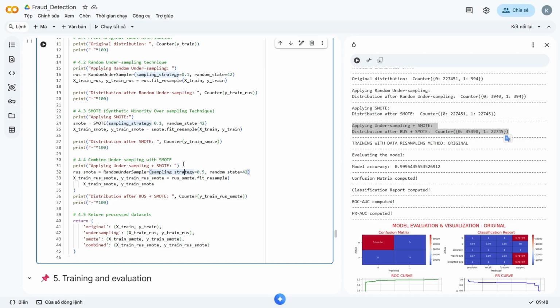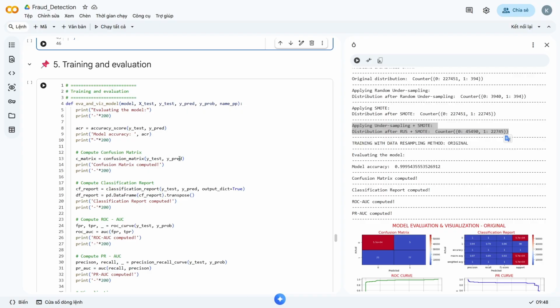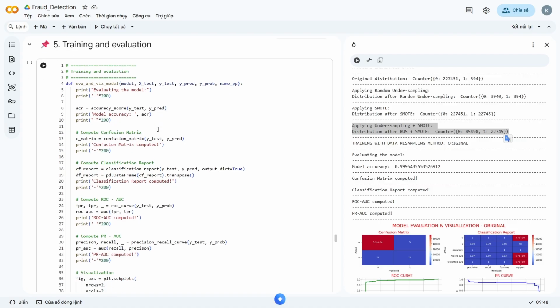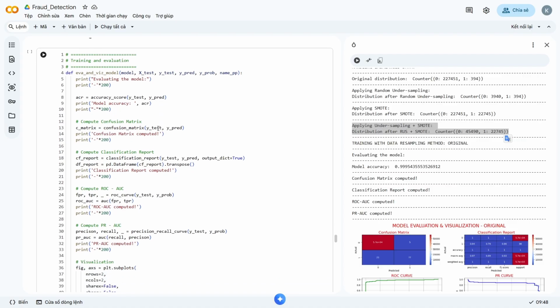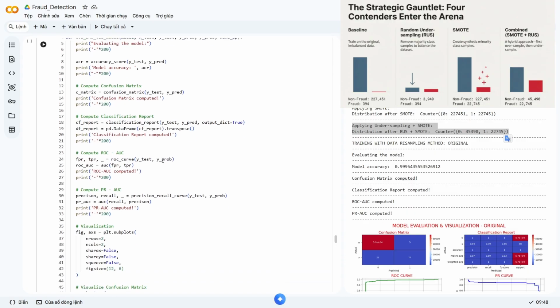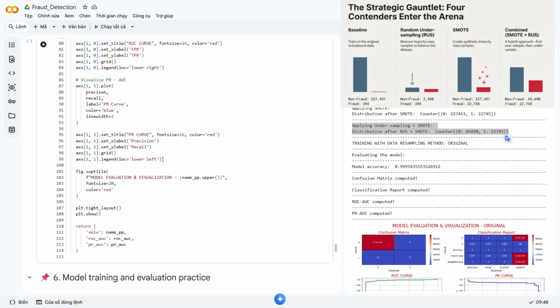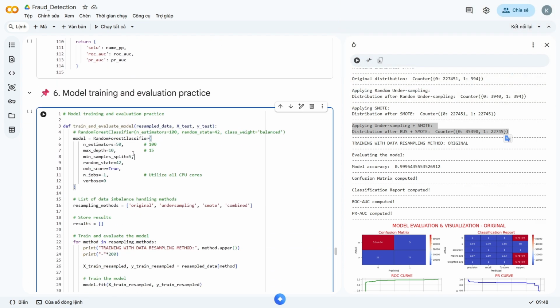And here's where the blueprint gives us a really crucial insight, right? They aren't just picking one method and hoping for the best. No, not at all. They treat the data prep itself as an experiment. They train the exact same random forest classifier on 4 different versions of the data: the original imbalanced set, the undersampled set, the SMOTE set, and the combined set. So now we have 4 different trained models. Right. And now we have to figure out which one is actually the best.